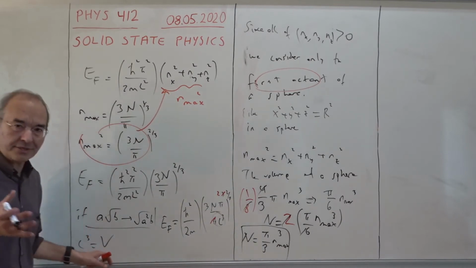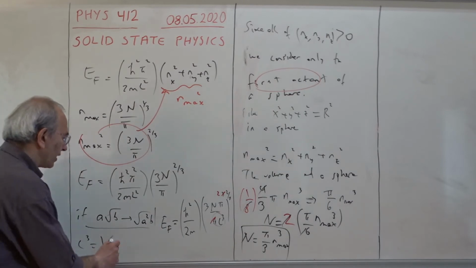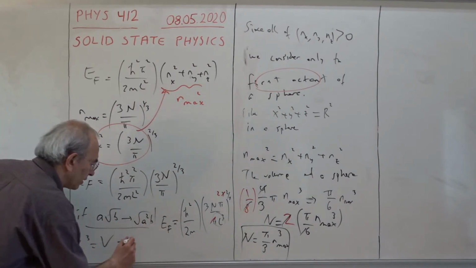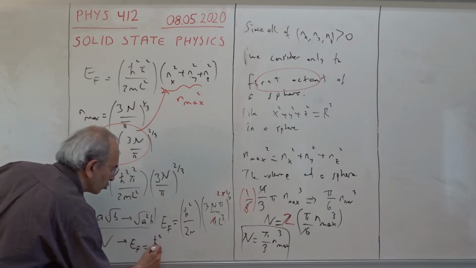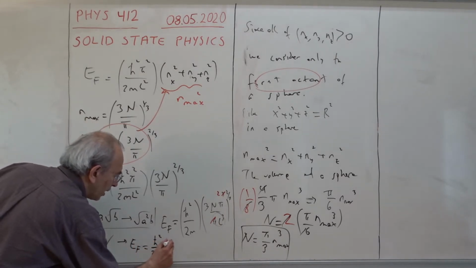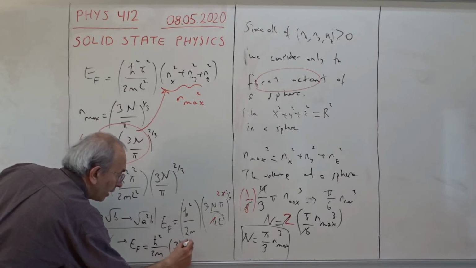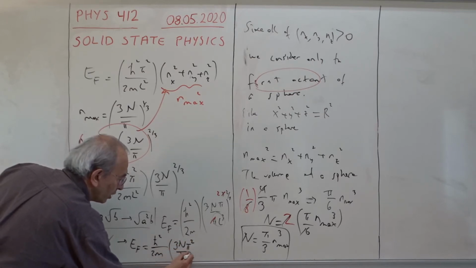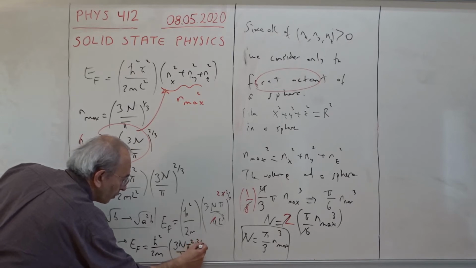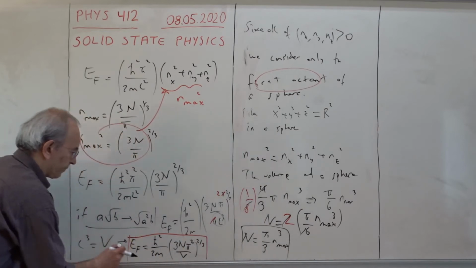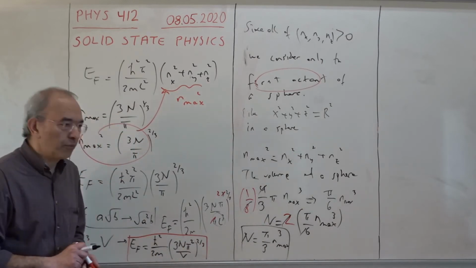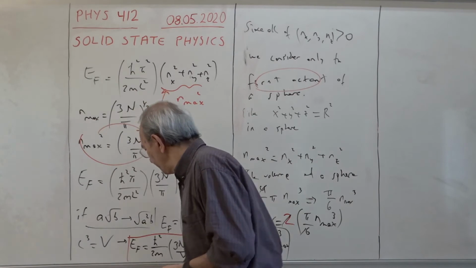This is on the order of some centimeters maybe. So finally, we arrive at Fermi energy equal to h bar squared over 2m multiplied by 3 pi squared N over the volume to the power of 2/3. So this is the final expression relating the energy with the number of particles in the system.